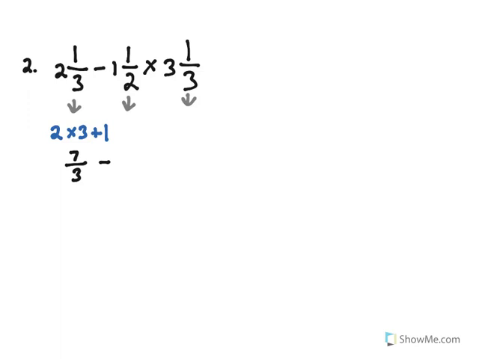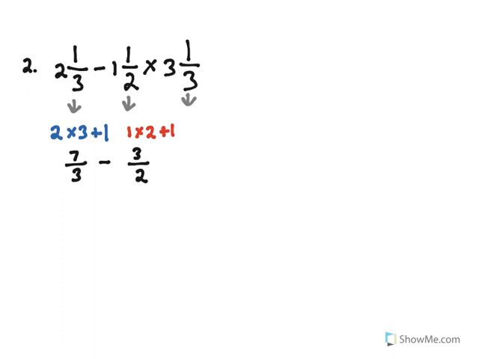Okay? So for the middle one, we're just going to ignore that negative, so just do 1 times 2, so the number 1 off to the side times 2, which is the denominator, plus 1, okay? And when we do that, that's going to equal 1 times 2 is 2, plus 1 is 3, over the original denominator, which is 2, okay?